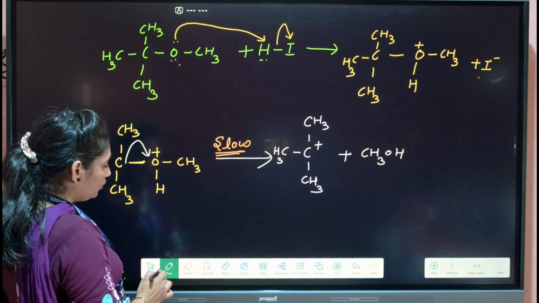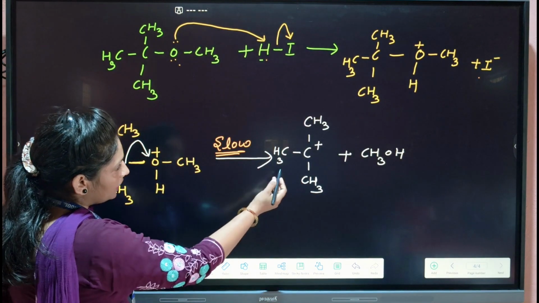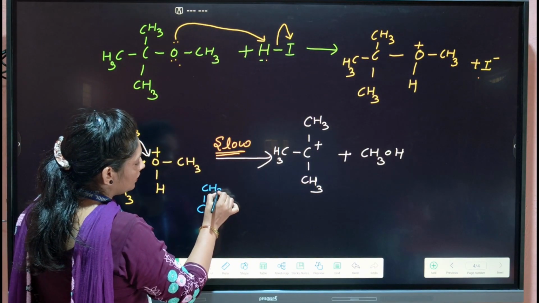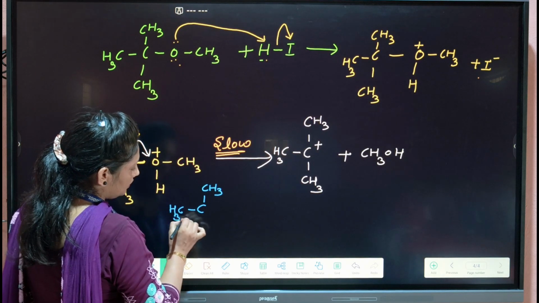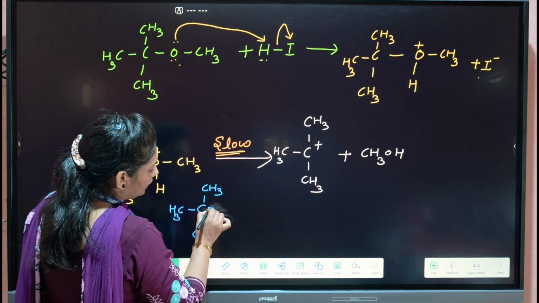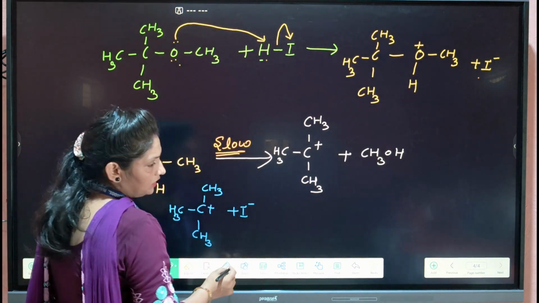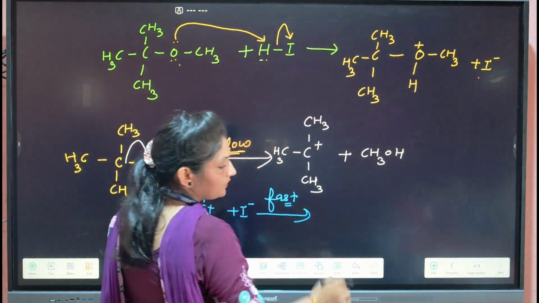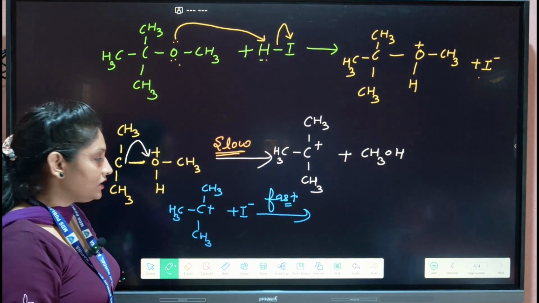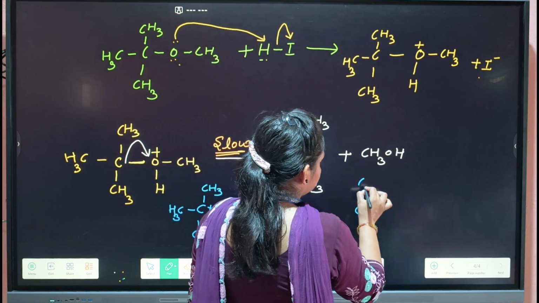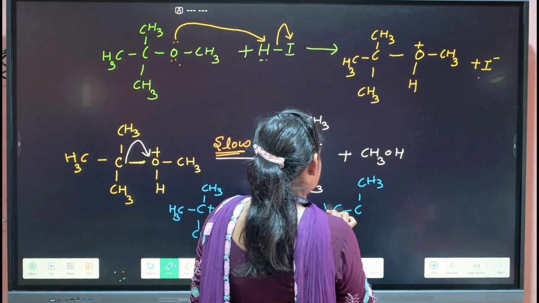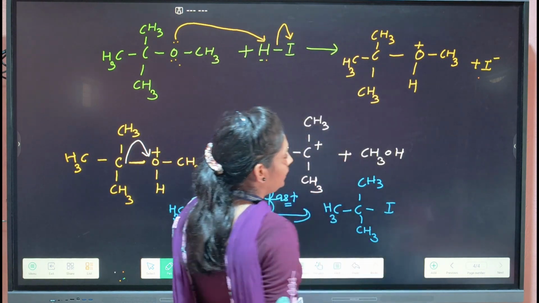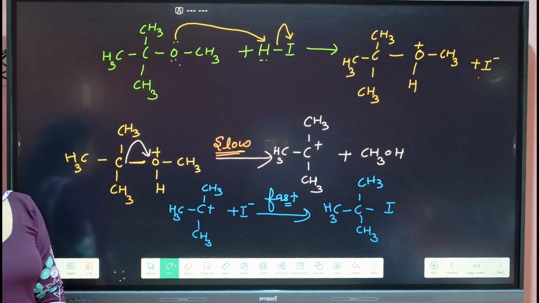So in the next step, iodide will attach to this carbocation by electrostatic force of attraction, and this will be a very fast step. So finally we can get tertiary alkyl halide. But students, here which mechanism is followed?